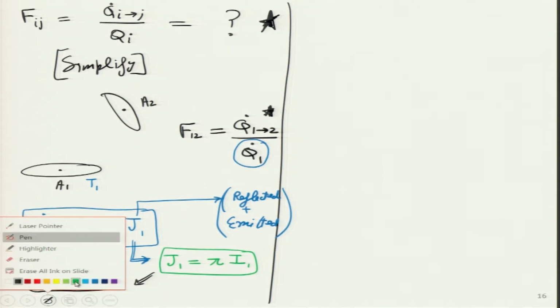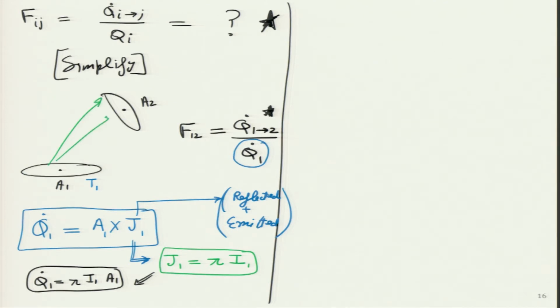So, I am trying to figure out how much of the radiation from surface 1 is hitting surface 2. I can take a point on surface 1 and figure out how much is going this way, then I'll take another point and figure that out. So, you can see there will be so many green arrows around here. In addition, there will be all these blue arrows, which indicate the radiation which is not striking surface 2.